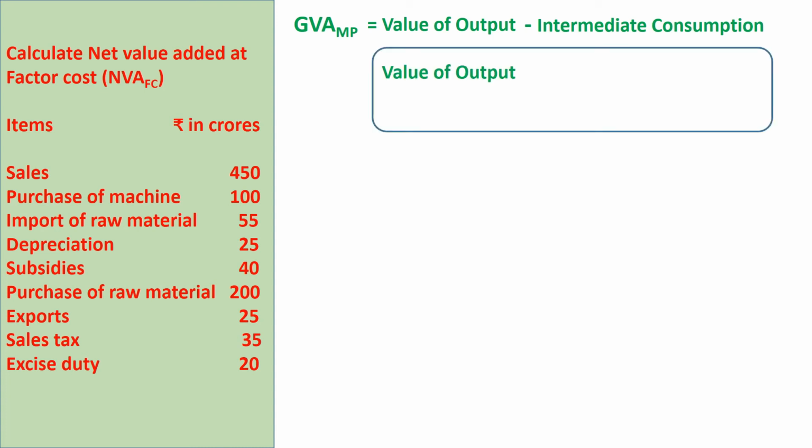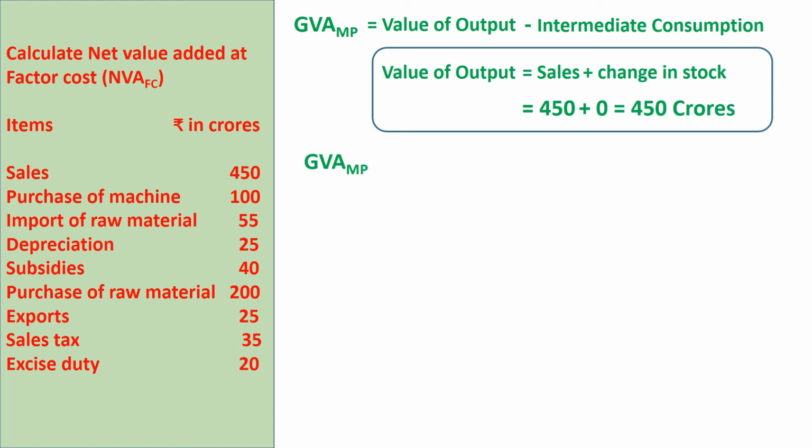Value of output is equal to sales plus change in stock, that is 450 crores plus 0, as change in stock is not given, equal to 450 crores. Now GVA at market price is equal to value of output, that is 450 crores, minus intermediate consumption, that is 200 crores, equal to 250 crores.